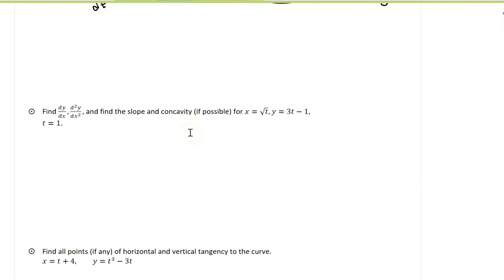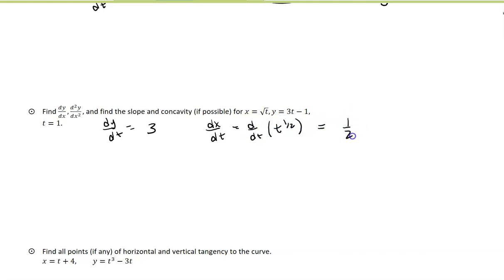This one wants us to find the first and second derivative and find the slope and concavity if possible for this particular parametric equation at t equals 1. So because this one's a little more complicated, let's go ahead and find dy over dt, which is 3, and dx over dt, which would be the derivative with respect to t of t to the 1/2 power.